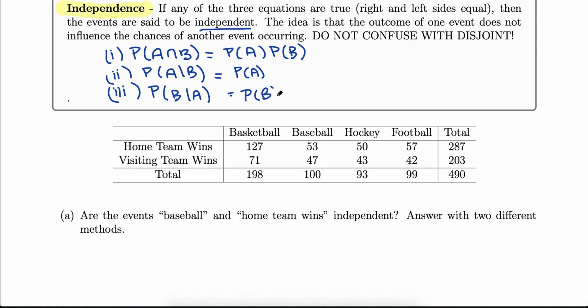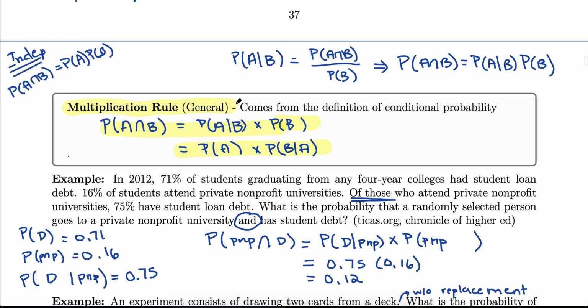It's just the probability of B. So probability of B is the same with and without that given information. Another way, if you want to think about it more mathematically, look at our formula up here. If A and B are independent, I could do probability of A times probability of B, and the B's cancel out, and we get A given B is just A.